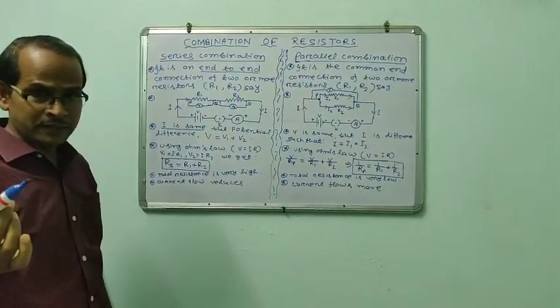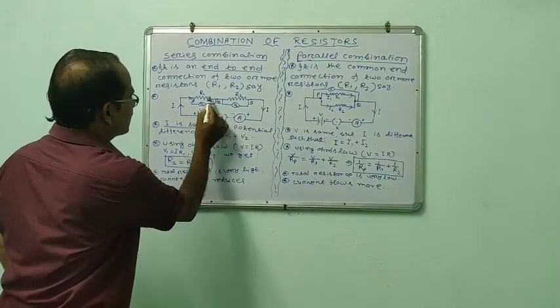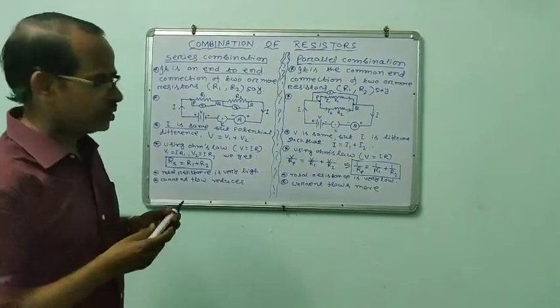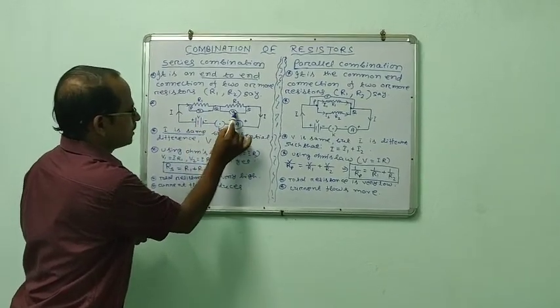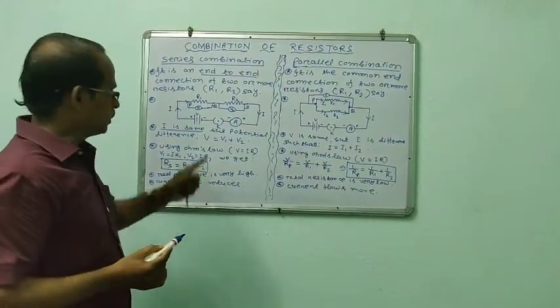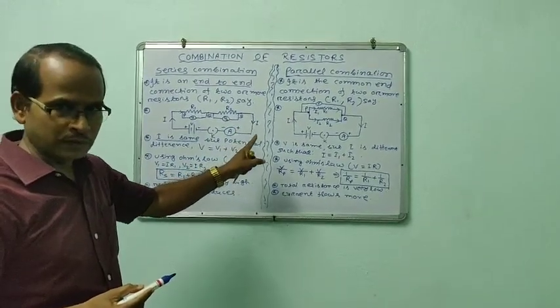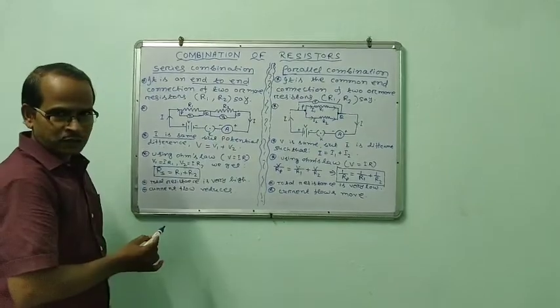But what is different? The difference will be in the potential difference, because the ends are different. As we know, potential difference is measured across the ends. So here the ends are different, so the potential difference here is V1, here is V2. These are the two potential differences across them. With voltmeters, we can measure the potential difference. And one ammeter is connected in series with that.